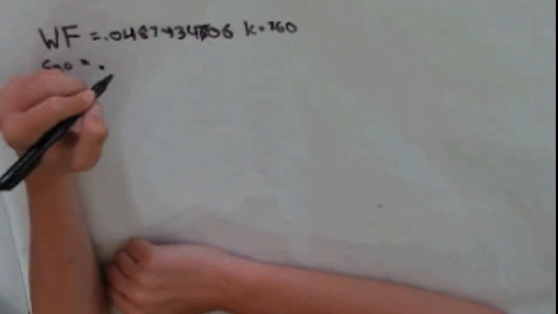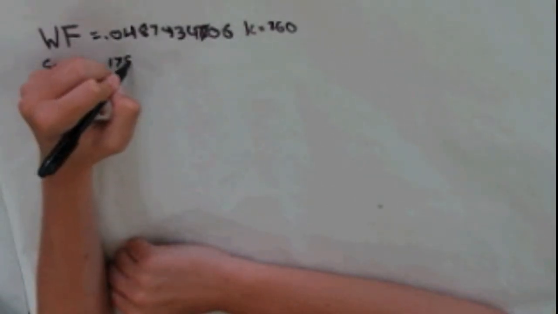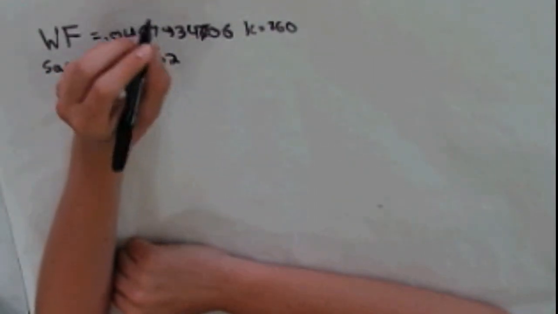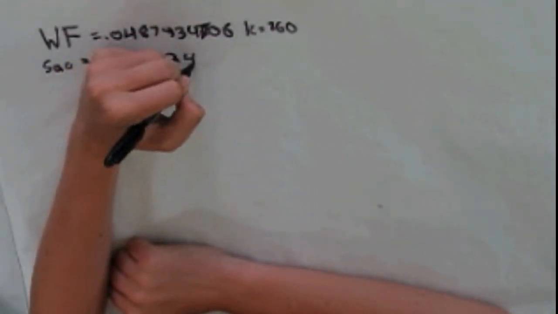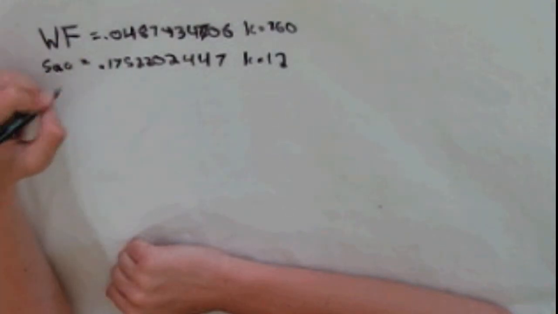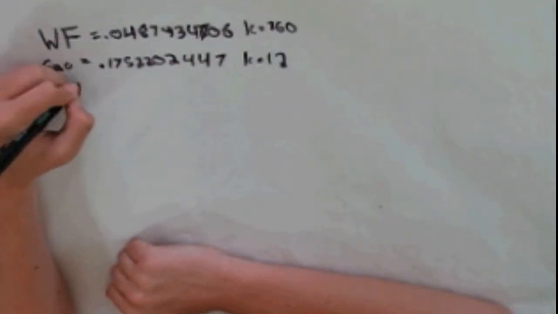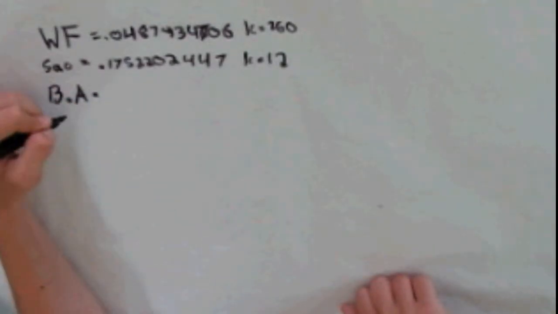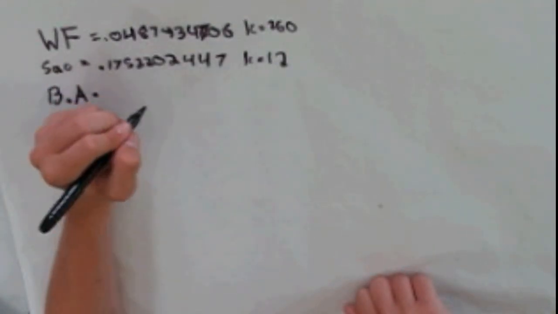And then at Sacramento Credit Union, just write SAC, it will be 0.17522024447. And K is going to be 12. And then at Bank of America, the little O is important there for those of you at home.